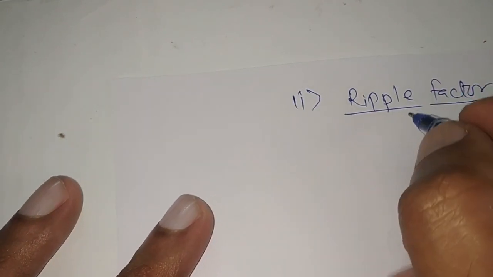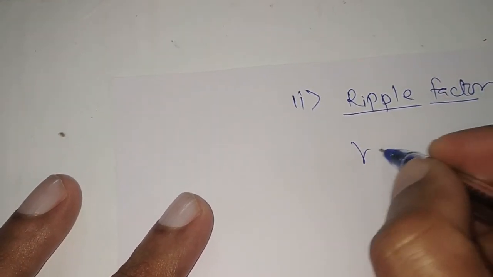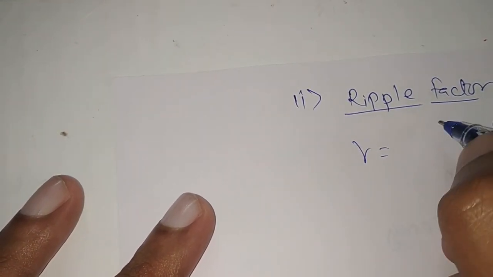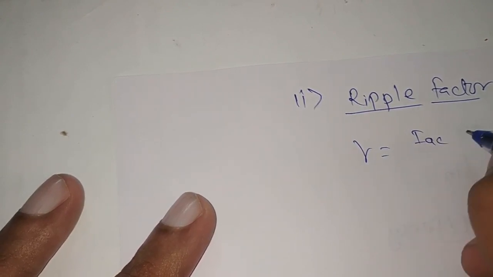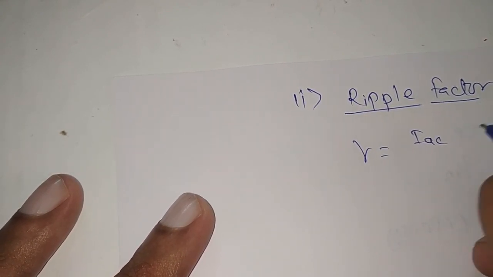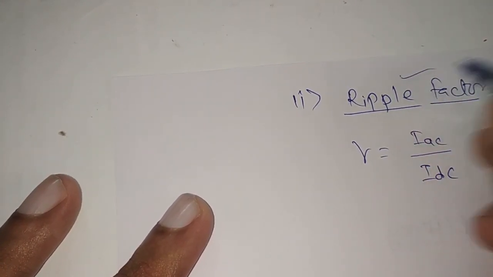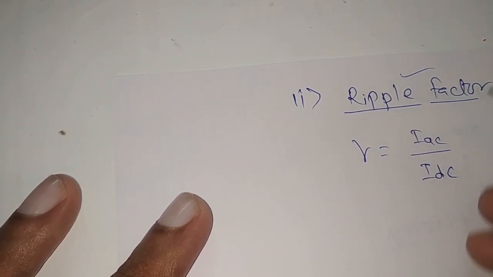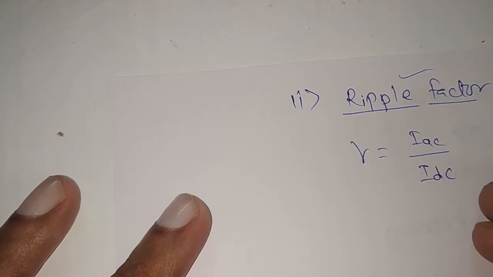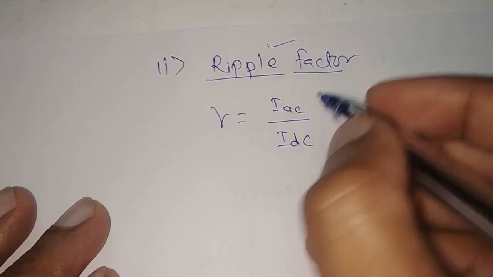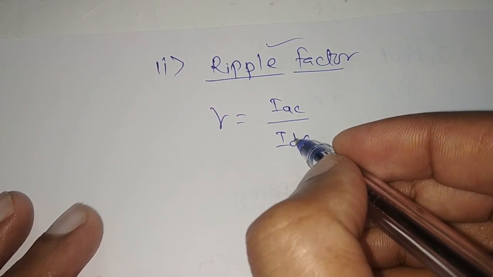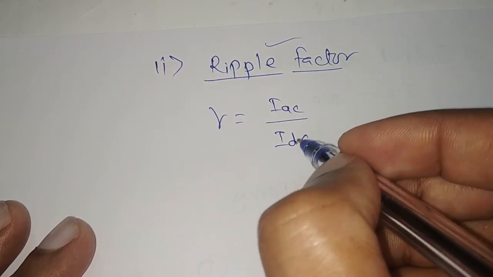This ripple factor is given by, say, gamma. Ripple means how many ripples are there, how much AC component is present in our DC output. This is an unwanted signal. We want output as DC. If AC is present, that is an unwanted signal. So how much AC is present is given by this ripple factor.